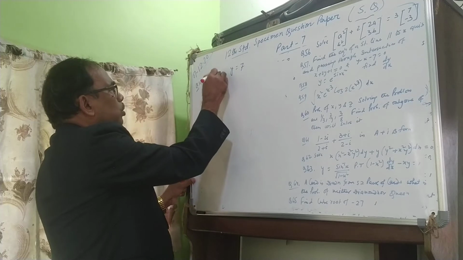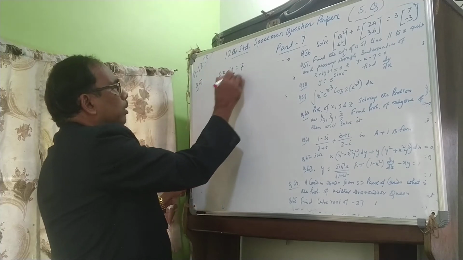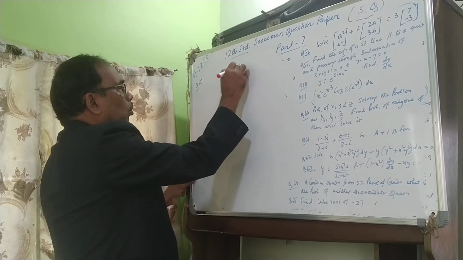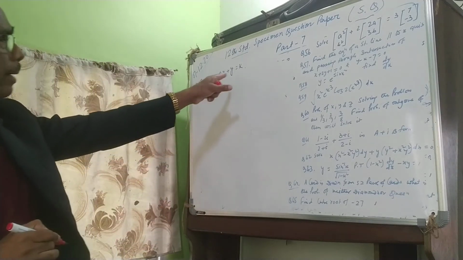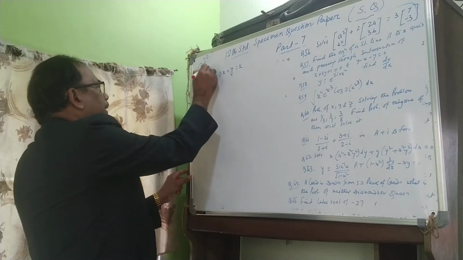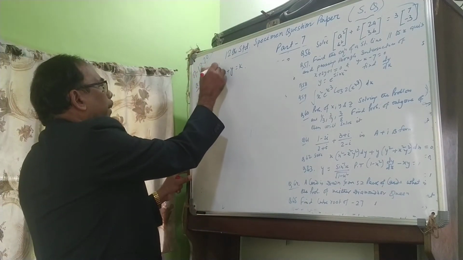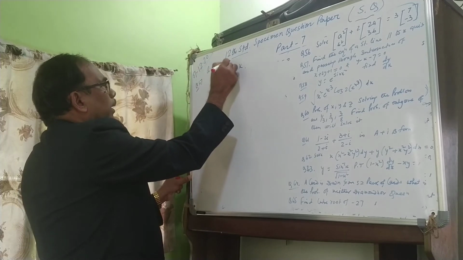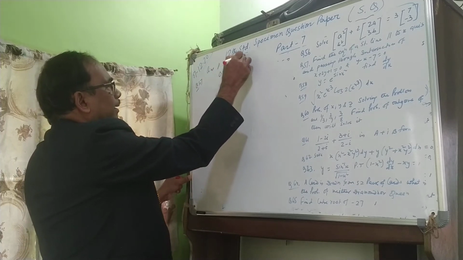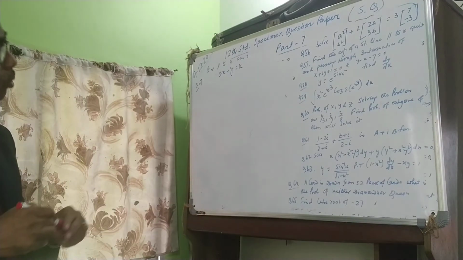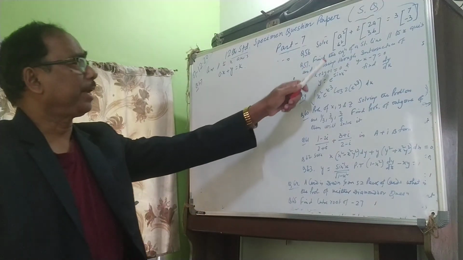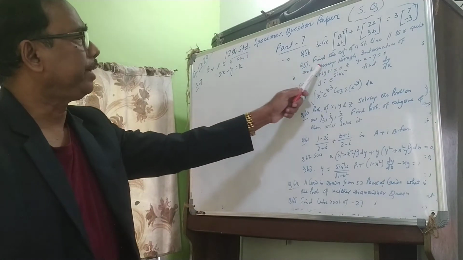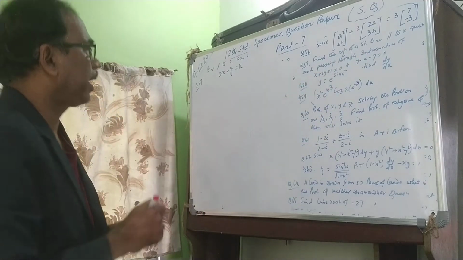We can write 0 into x plus y equals k, where k is any constant. Any line parallel to the x-axis is this. Now this line passes through the intersection of this and this.